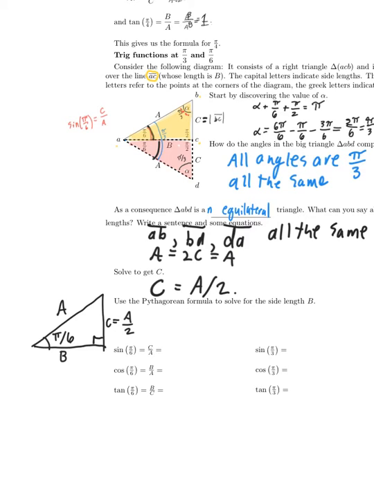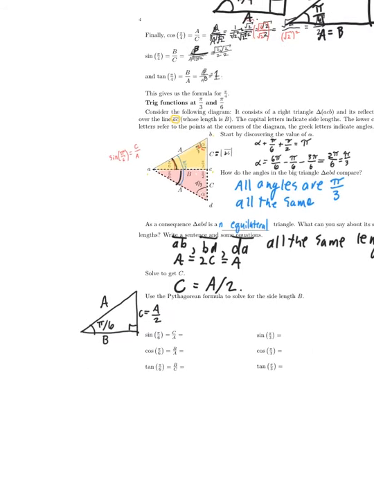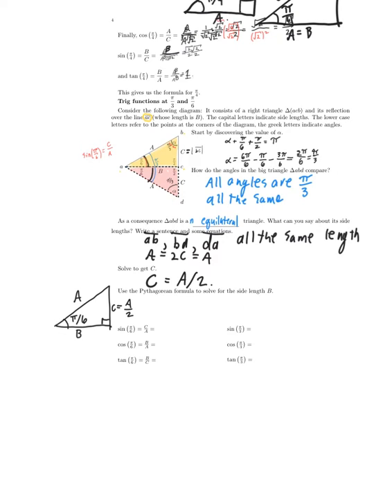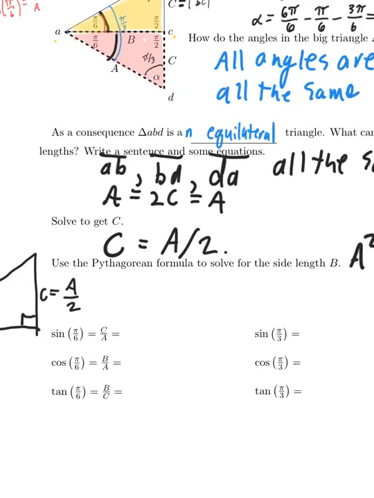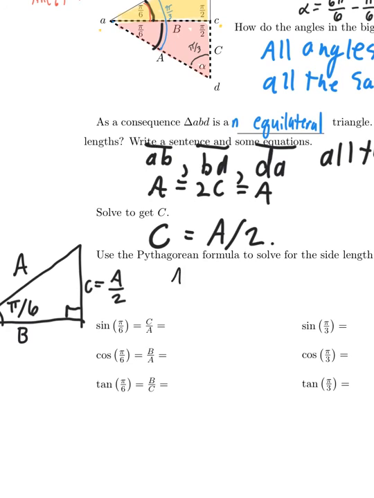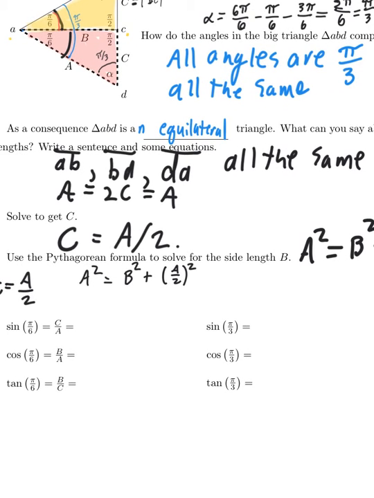So there's a relationship between the three sides, namely the Pythagorean formula, which says that a squared is equal to b squared plus c squared. So that means that a squared is equal to b squared plus a over 2 squared. I need to solve this for b, I guess? That would be handy anyway.